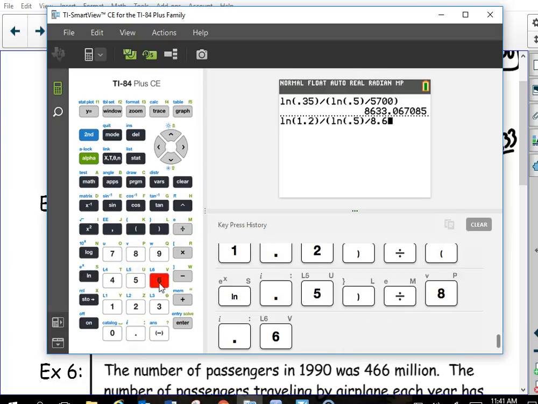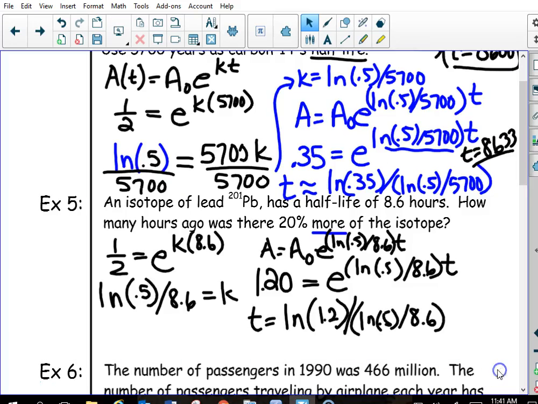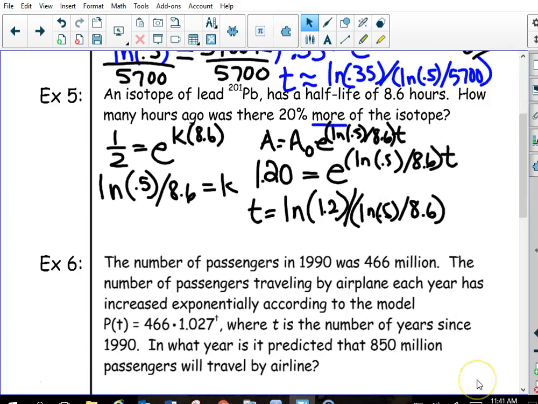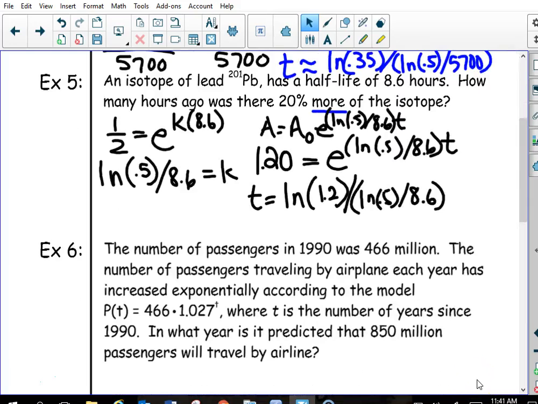Now, they're asking us how many hours ago. We should expect a negative here. Yeah, and we do. Negative 2.26. Don't have any rounding instructions, so we'll just leave it at negative 2.26 hours ago.